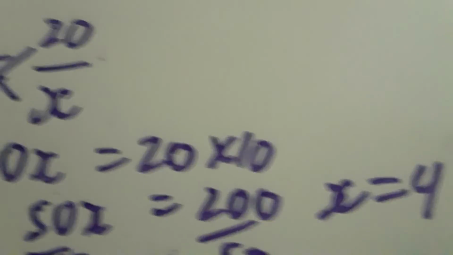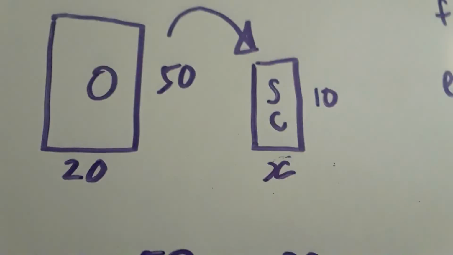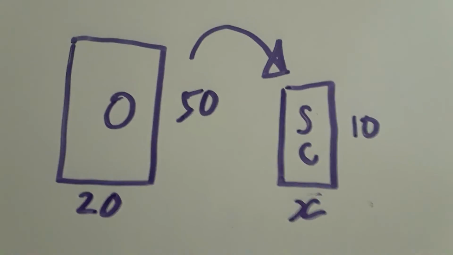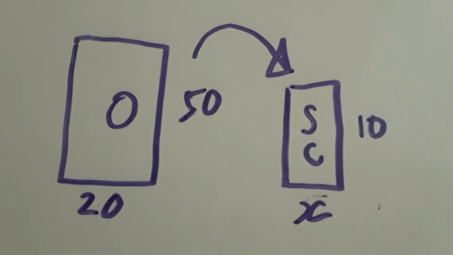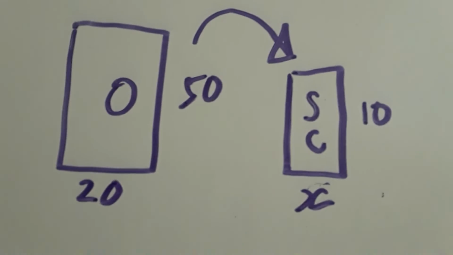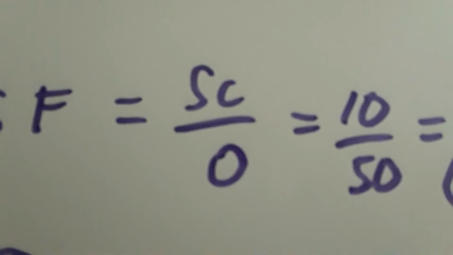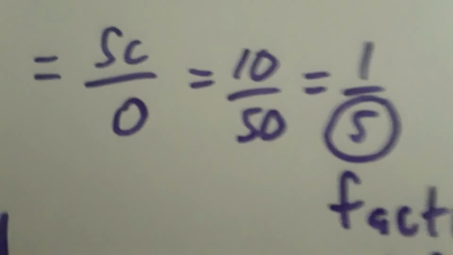Okay? So in summation, if you have a very simple example of, in this case, a reduction, you can use your formula, scale factor, to find what the scale factor is.